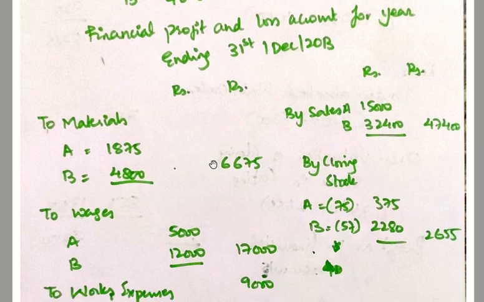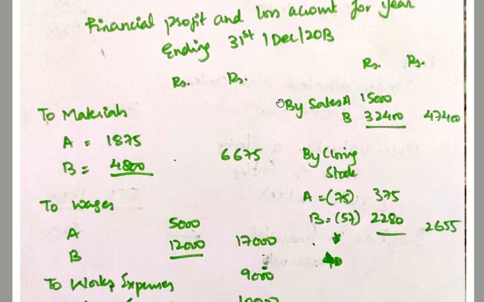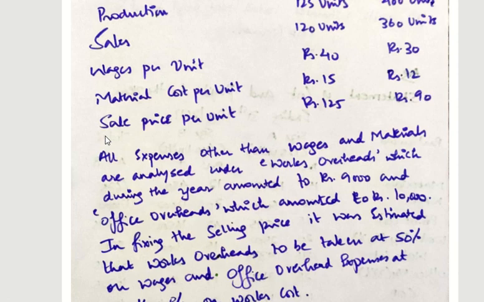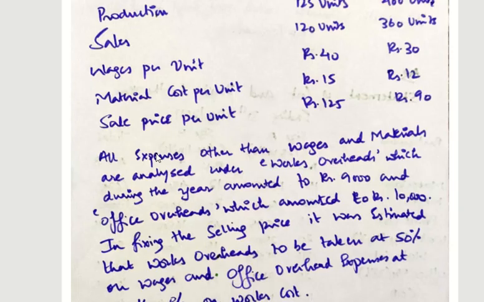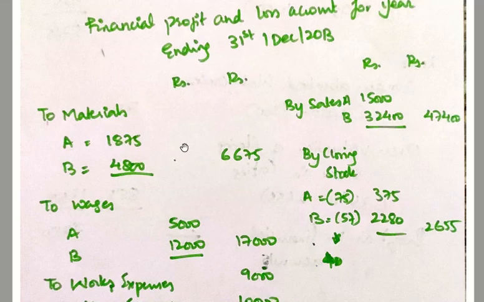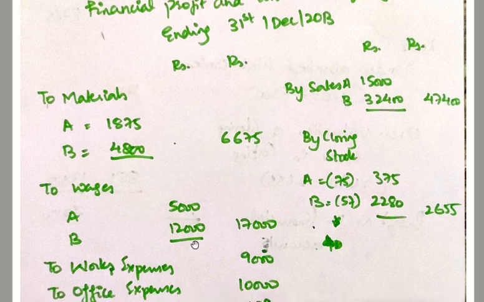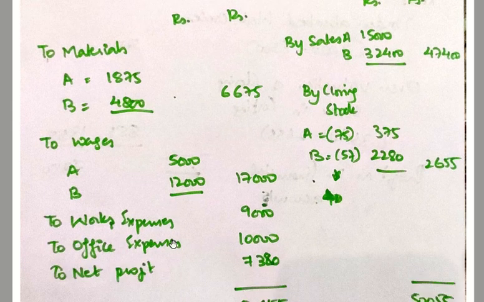Now let us start with our financial profit and loss account for the year ending 31st December 2013. So your materials they have given in their question, 1,875 and 4,800. We are showing only the total cost, 6,675. Wages for A it is 5,000, for B it is 12,000, 17,000.